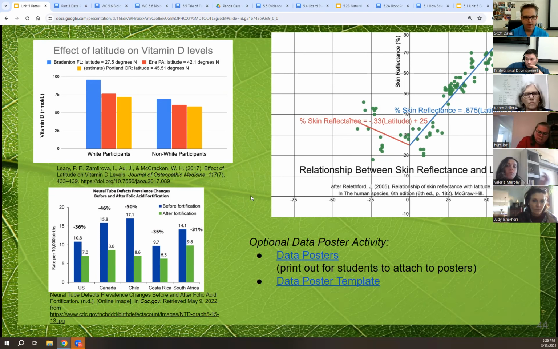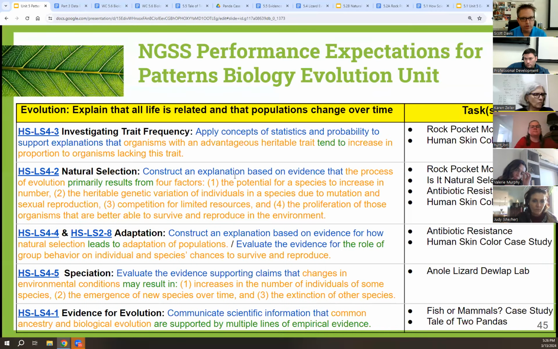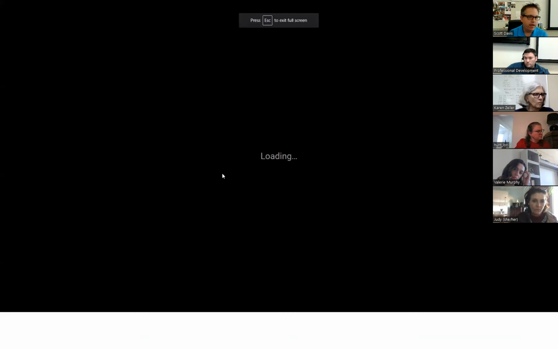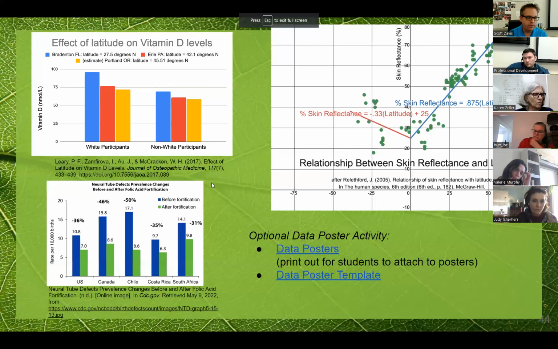And here at Liberty, we kind of parsed that out a little bit to make it a little bit more directed. So our version of the CER, which is based on the same data that you're seeing in the patterns version, so we're all using the same data, is getting students to use the data to explain what's the selective advantage, because we're really talking about reproductive advantage, kind of going back to that whole concept of speciation and variation and natural selection.